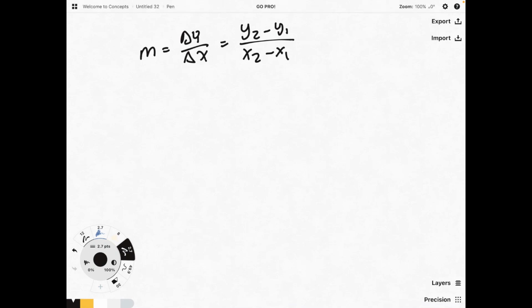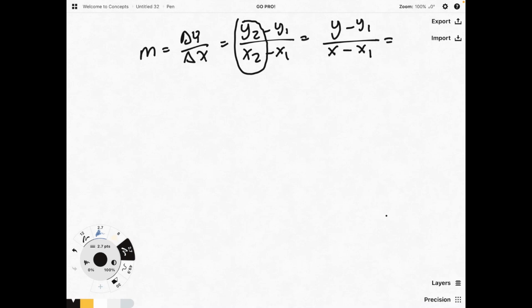For simplistic sake, what I'm going to do is make this point an arbitrary point, and I'm just going to call this y minus y1, and we're going to just call this x minus x1. Again, we can call that y2, or we can call that x2, but we're making it arbitrary, and we're saying any point within that line. That's why I'm switching it to y and x.